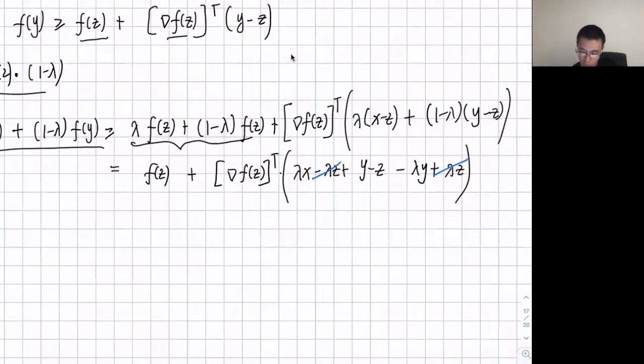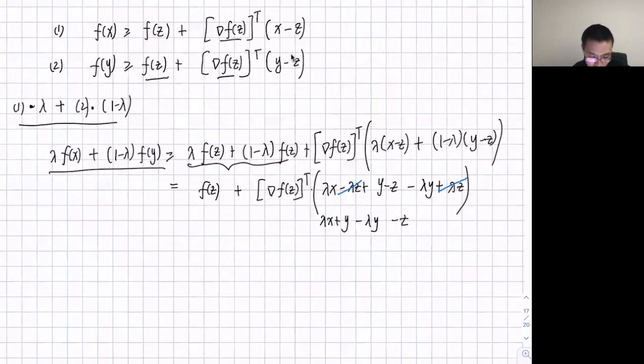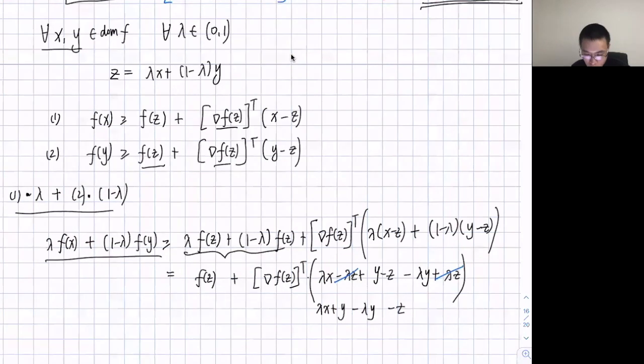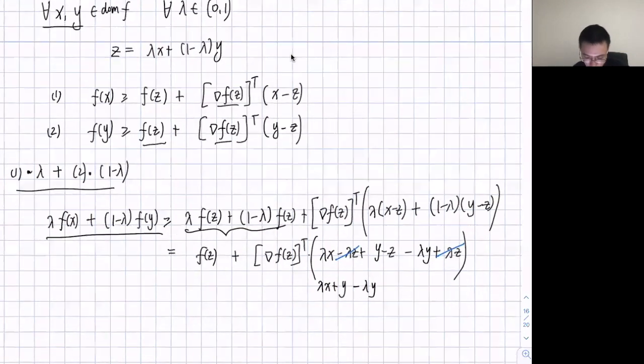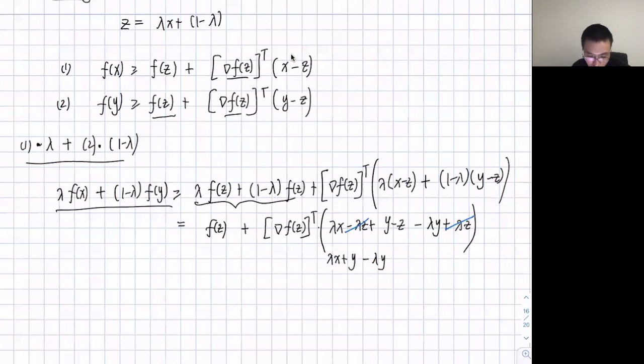But I still have z, and I know z is a function of x, so I would expand it a little bit. I put everything without z here. Then I have to subtract z, and I know z is this term, which is minus lambda x minus y plus lambda y.